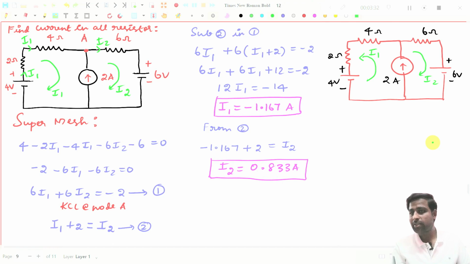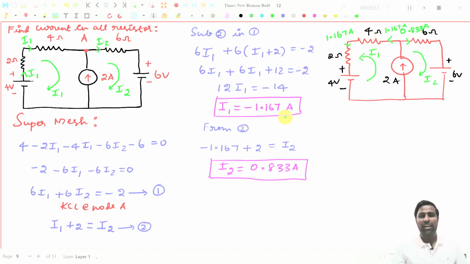And what is this one? This 6 ohms resistor will get 0.833 amperes. And this 4 ohms resistor will get 1.167 amperes. As well as this 2 ohms resistor will also get 1.167 amperes, since this 2 ohms resistor as well as the 4 ohms resistor are connected in loop 1.